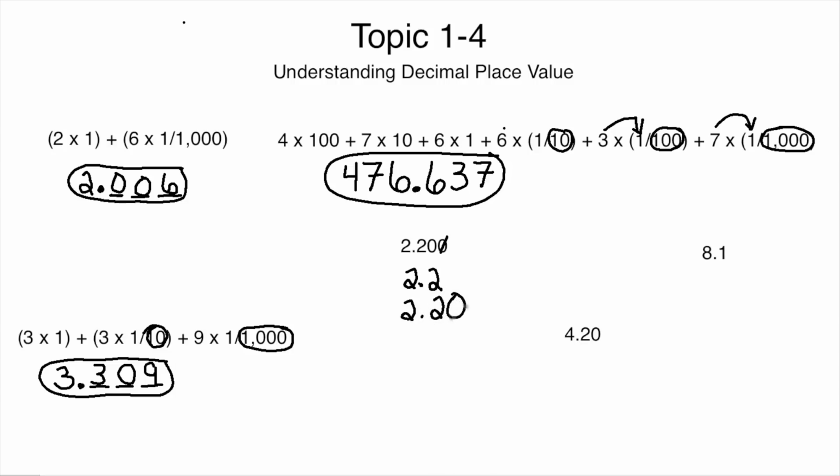Not me, because that 0 has no value unless you're talking money. So here are 2 numbers that are equivalent to this number. It's really 2 and 2/10. Remember, you can write as many zeros as you want, and it's still going to say the same thing. If you got that, that's a great job.